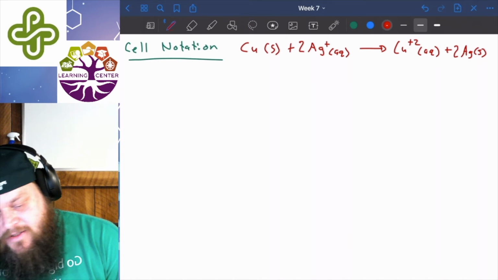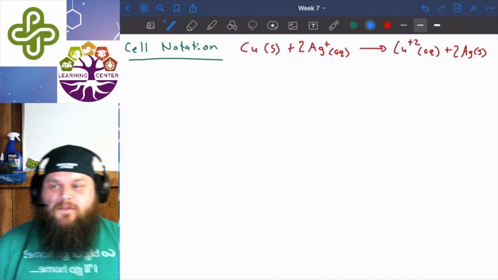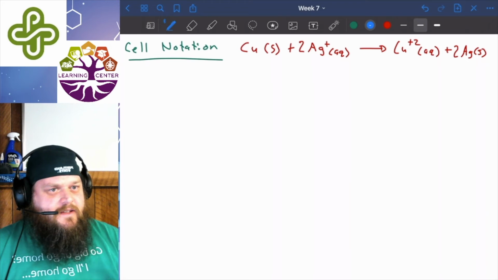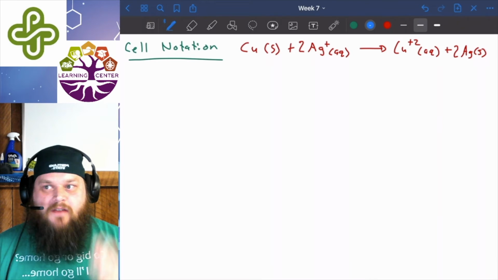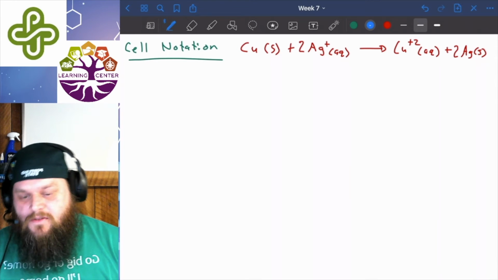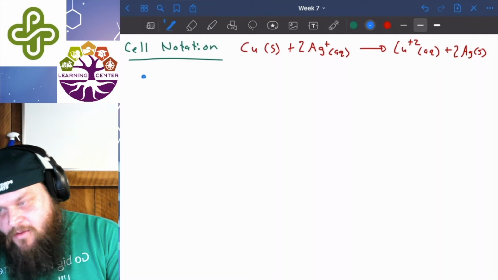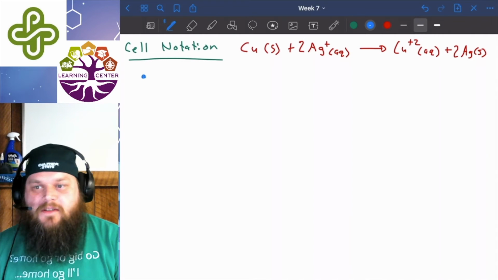To get it into cell notation, we write it in a specific way so we can see the different stages and phases of the cell as it transfers. So I would start by saying each half cell is represented by its chemical formula.